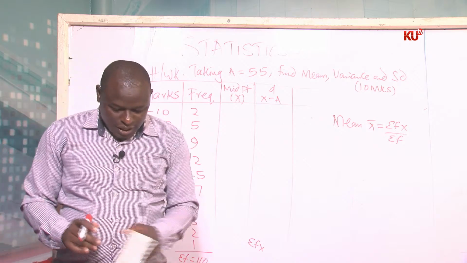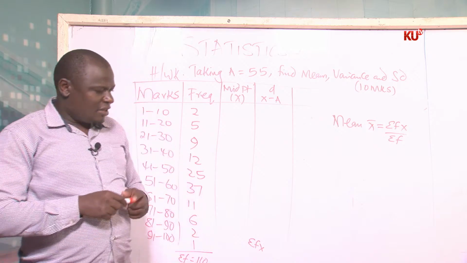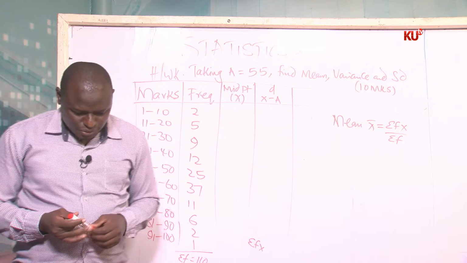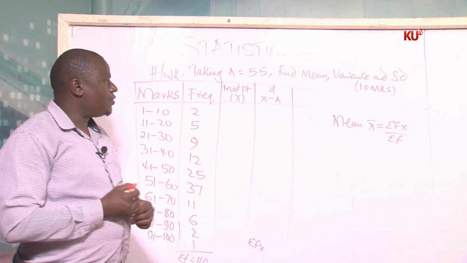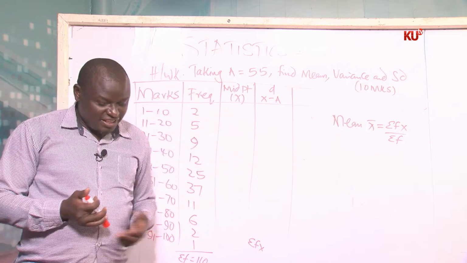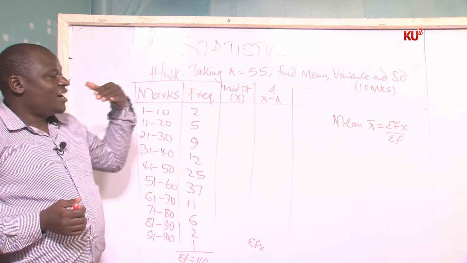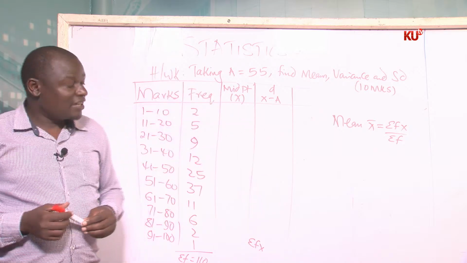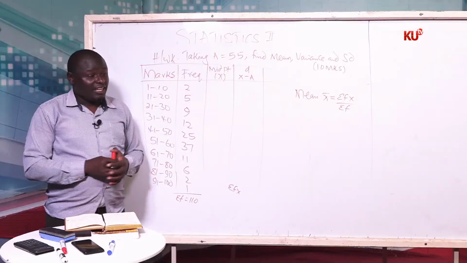So with that, some people will ask, why should I get bothered to work out statistics? Statistics, as I had said in the beginning, has a wide range of application in the market, especially in companies.